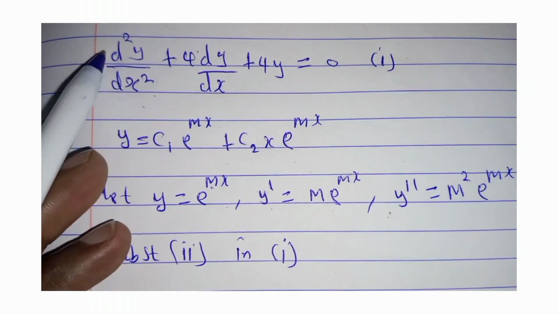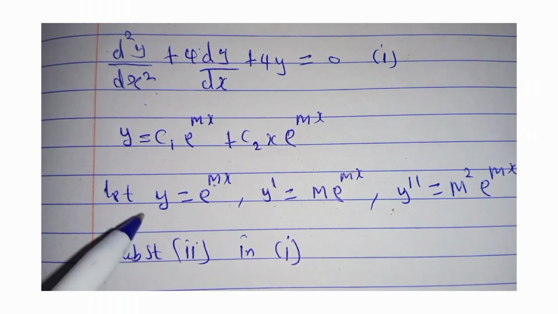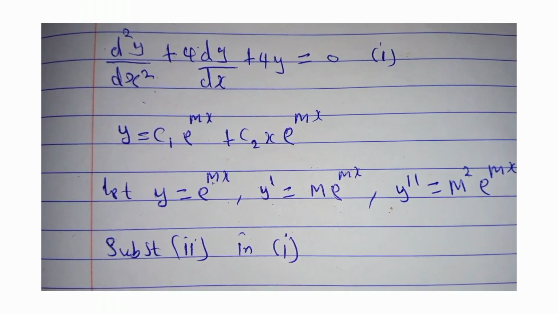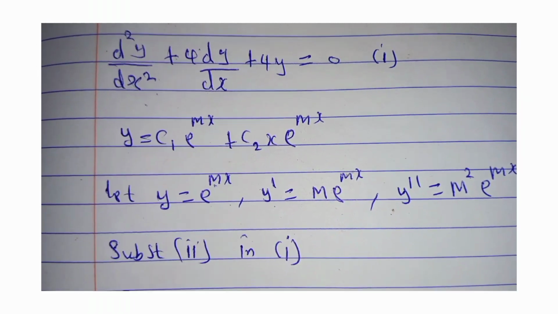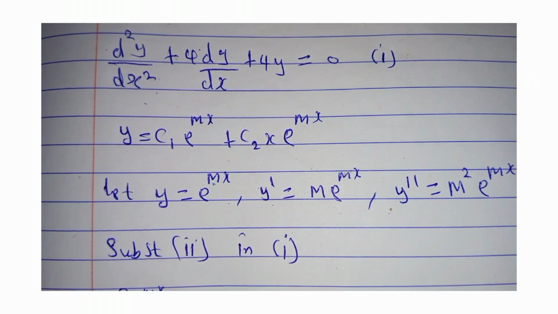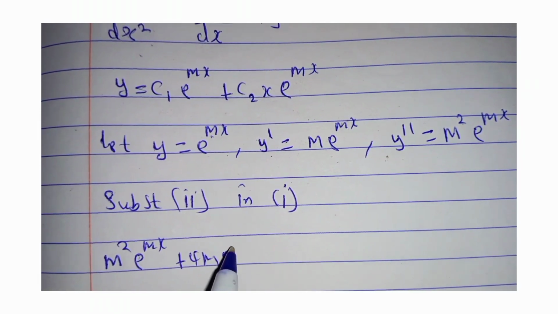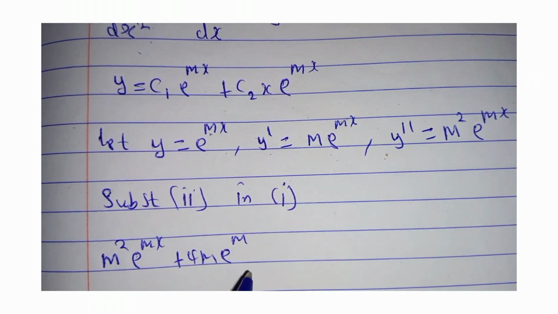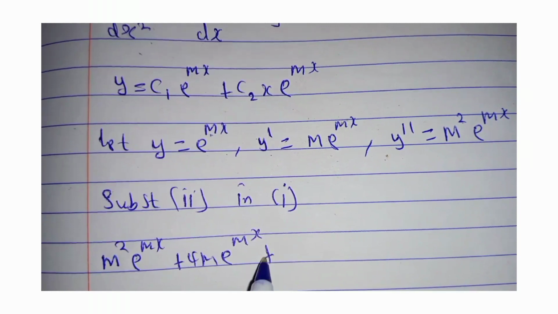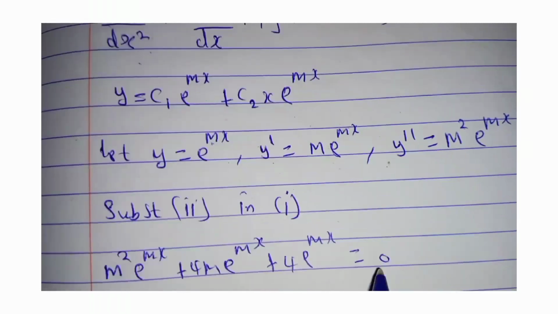Where you have y double prime, you are going to substitute it with m squared exponential mx, plus 4m exponential mx, plus 4 exponential mx, which is equal to 0.